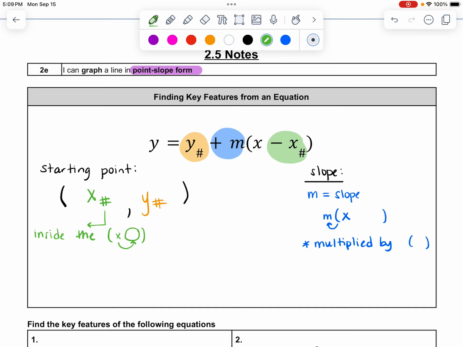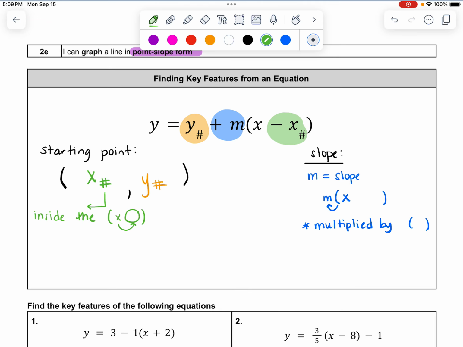The other thing that's special about the x number is that it is always going to be the opposite of the number that you see. So if you see a positive number, then the number you're going to write down is the negative. If you see a negative number, then the number that you're going to write down is the positive.